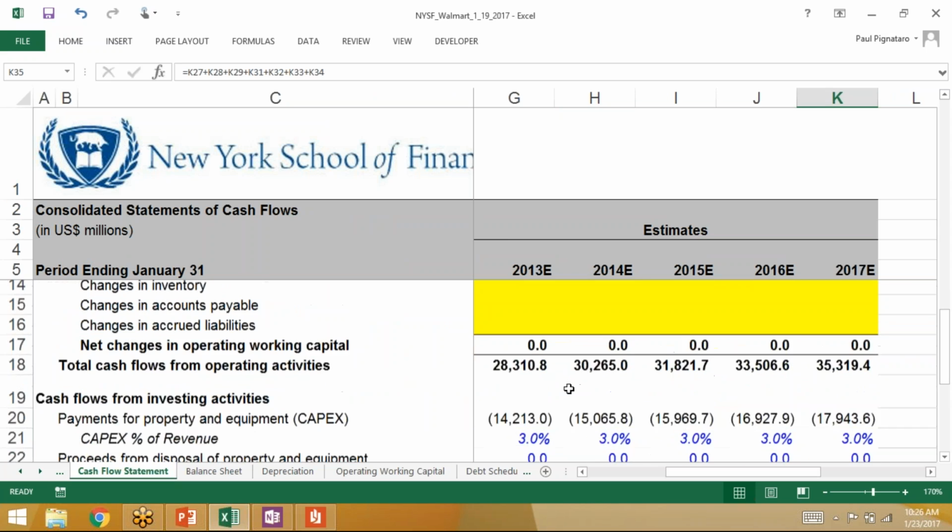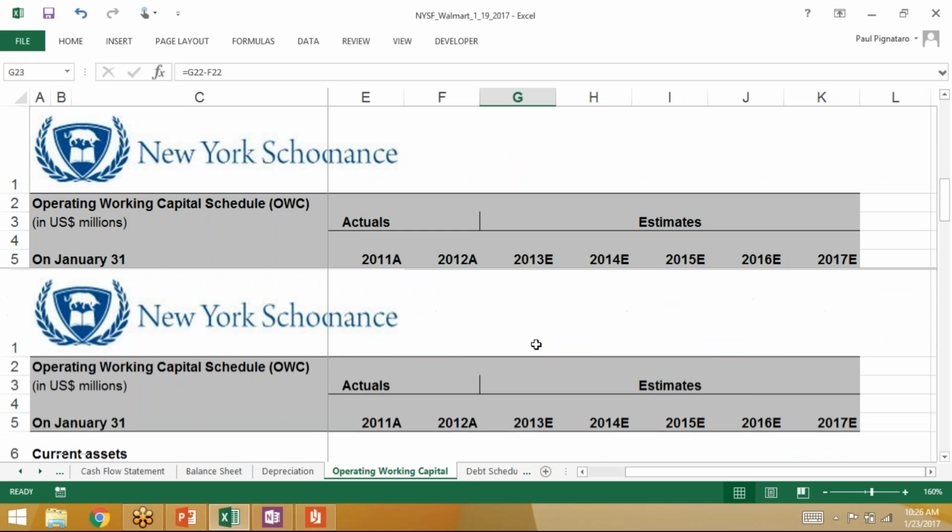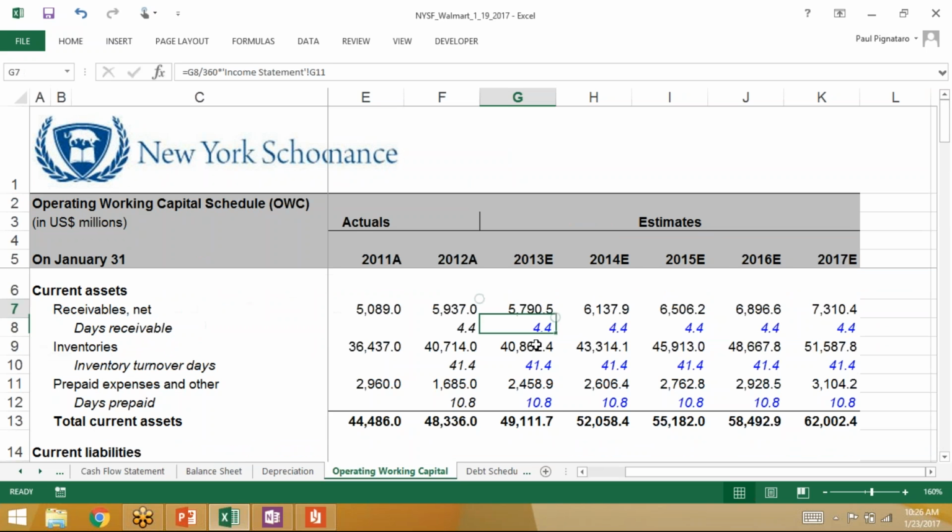If you go to the cash flow statement, in the working capital section, it's time to interpret the cash flow line items into this section. So we have AR, for example, right? And accounts receivable needs to link in from the working capital schedule. In 2013, AR is increasing, so that should represent a decrease in cash.